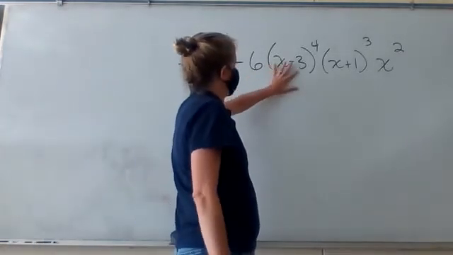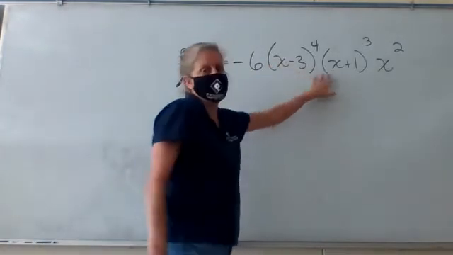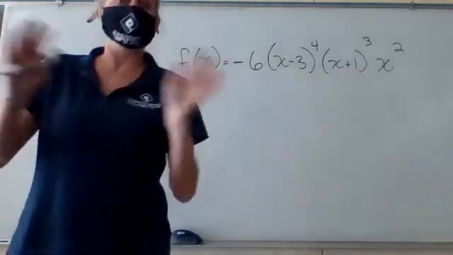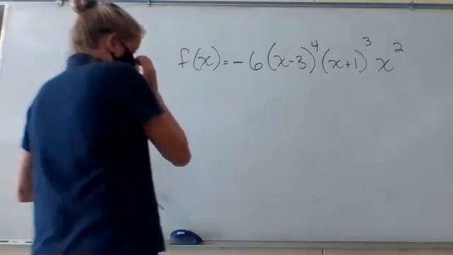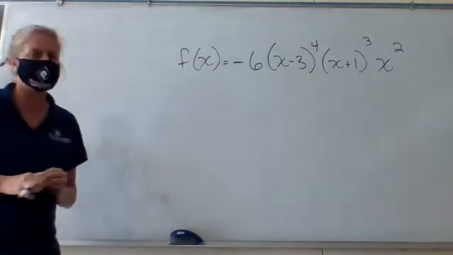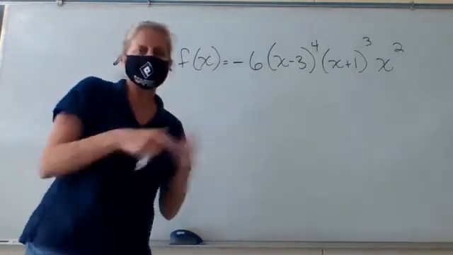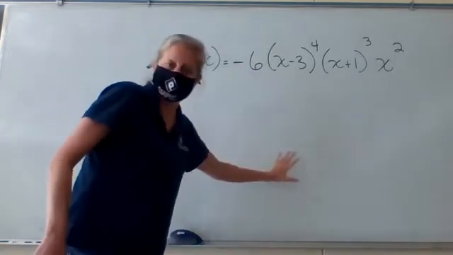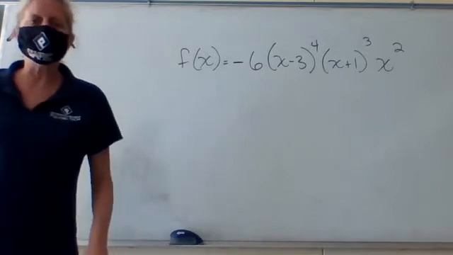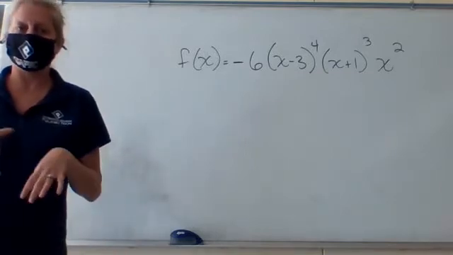Do you see an x squared inside any of the parentheses? No, which means your factors are completely simplified. They can't break apart into other factors. Now, the zeros only come from the separate factors that have x's. So this -6 doesn't do anything when talking about zeros, right? It doesn't have an x. You can't solve it for x.